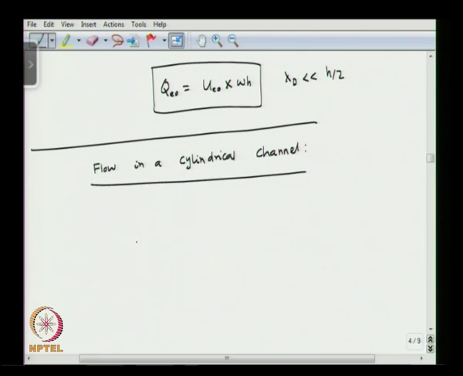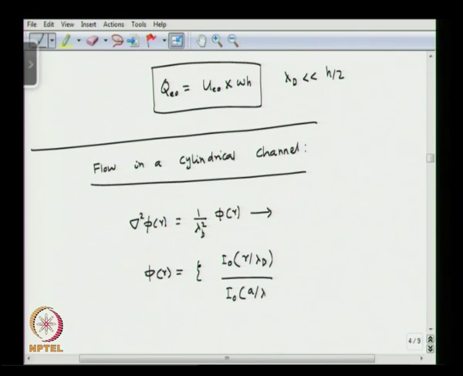So, for a cylindrical channel, if you solve the equation del square phi of r equal to 1 over lambda d square phi of r for a cylindrical channel, you get an expression for the potential phi of r as xi I0 of r over lambda d divided by I0 of a over lambda d.